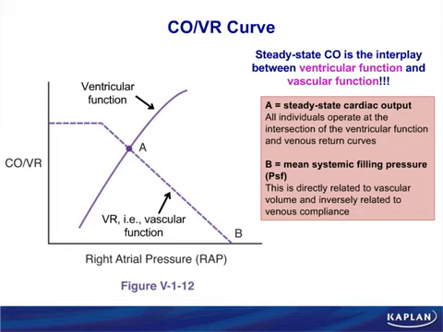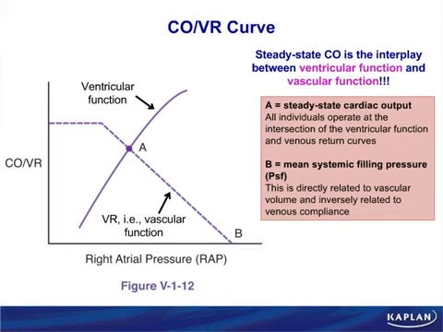And ventricular function, that's how the heart works. And vascular function, where they come together, where they intersect, is steady state cardiac output. So steady state cardiac output is always that point where the two lines intersect. That is cardiac output. Not the solid line per se, but a specific point on that solid line.